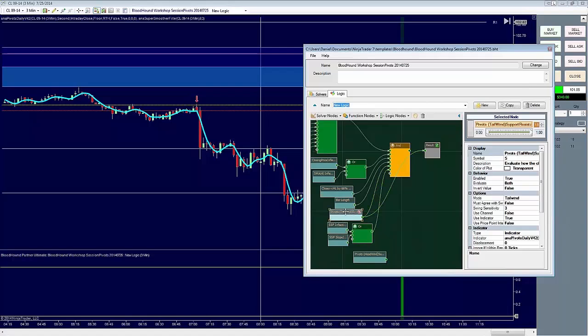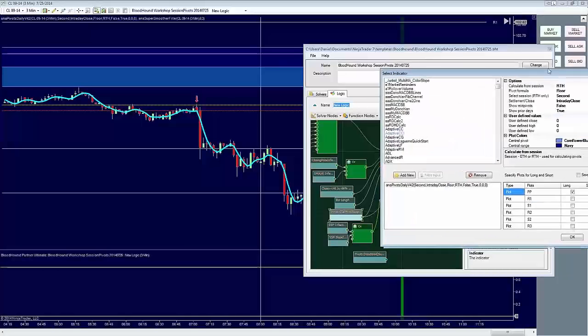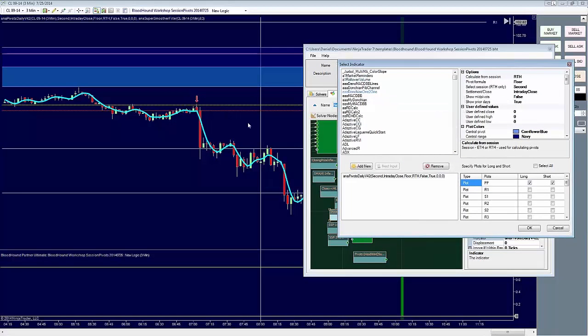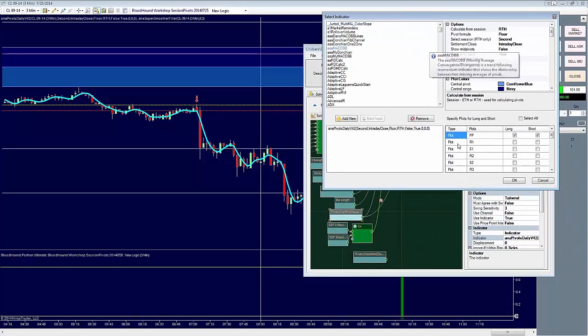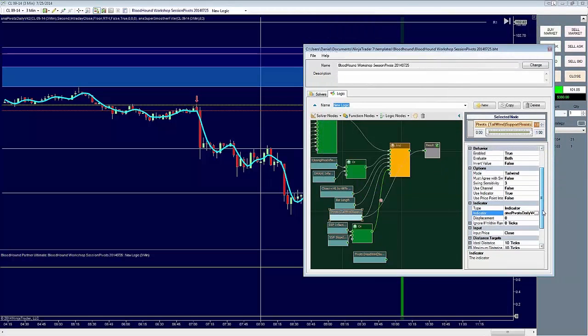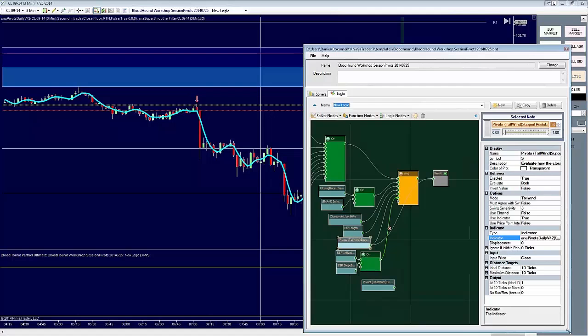So I had basically disallowed any bar that wasn't within range of the pivot point. So now let's change this. Remember, this is Tailwind. So this is showing us that closing price has to be within, in this case, 10 ticks from the support or resistance line we're looking at.